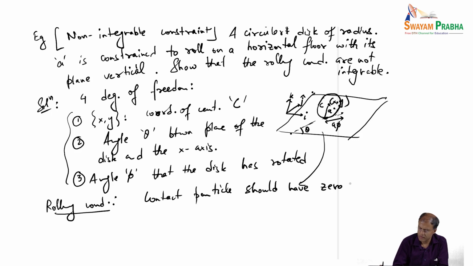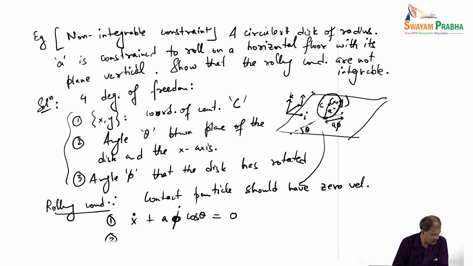So the first case could be x dot plus a cos phi dot cos theta. This is my x condition, and this has to be 0. This is the net velocity in the x direction.